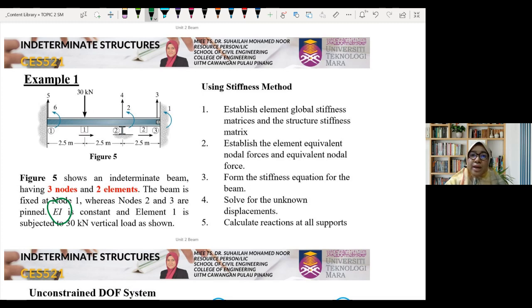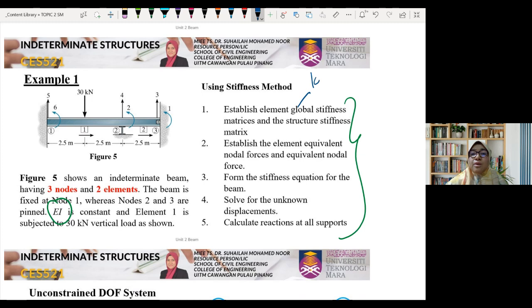Okay, let's look at the question. By looking at this question, it is actually the procedure step by step. Number 1, we need to establish element global stiffness matrices from nodes. This is K1 and K2 because in this beam there are 2 elements.